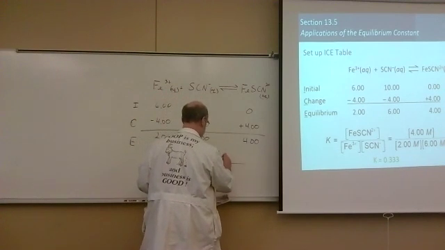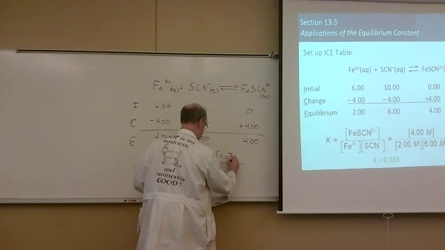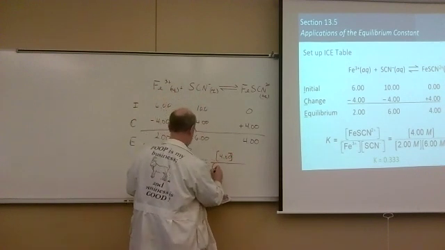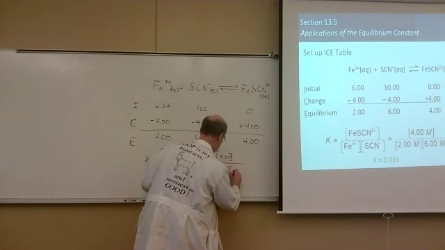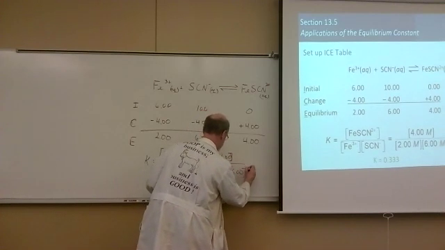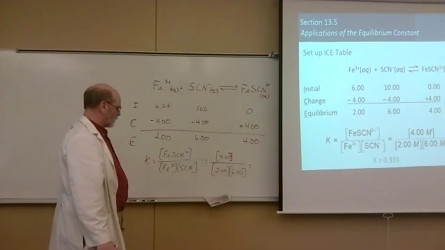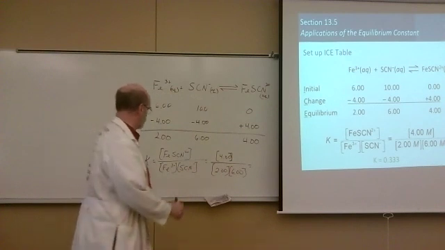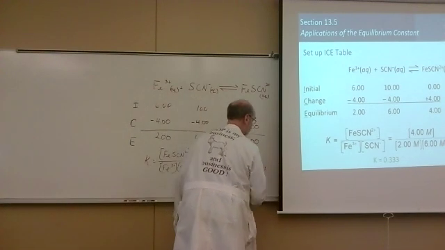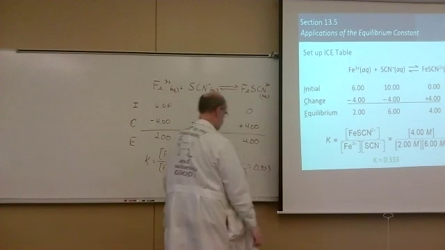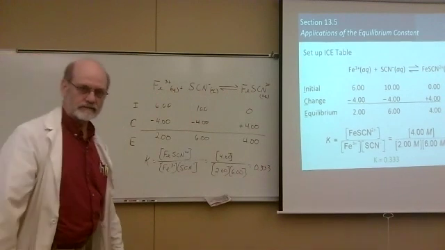So we'll put in this one, and this one, and this one. And that's 4 divided by 12, which is 1/3. So there's your K value for that reaction.